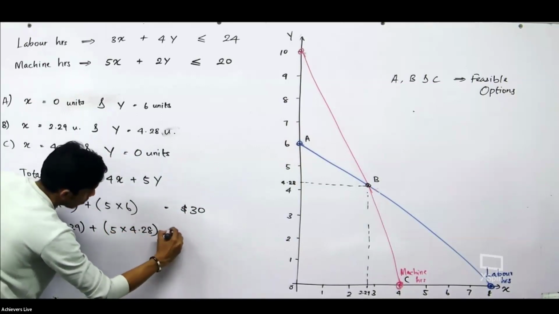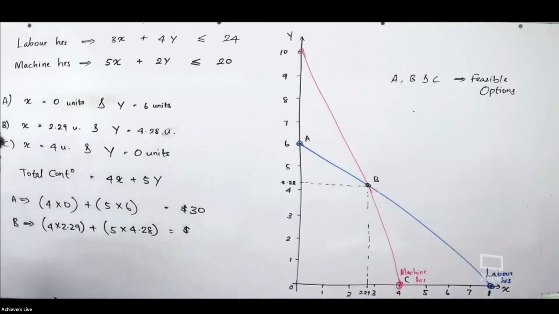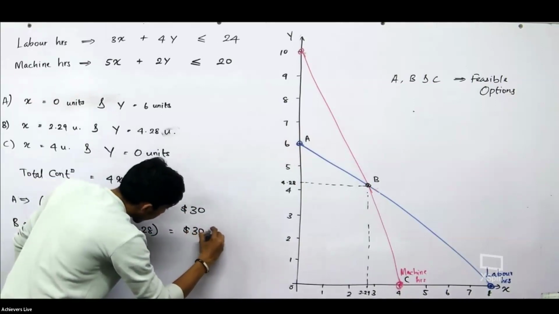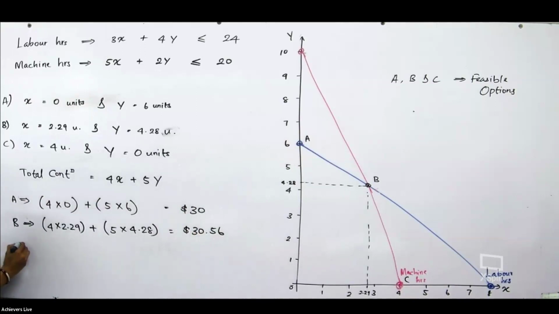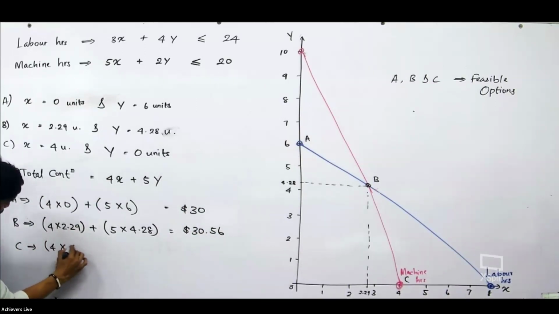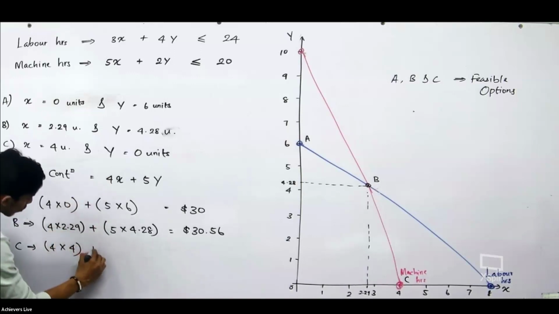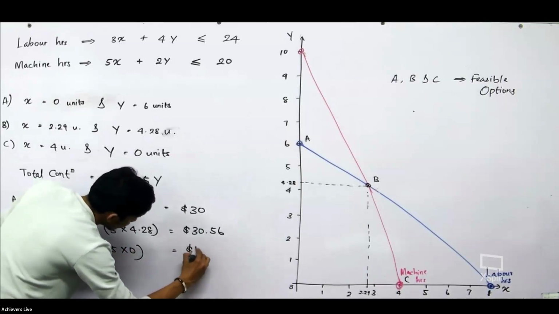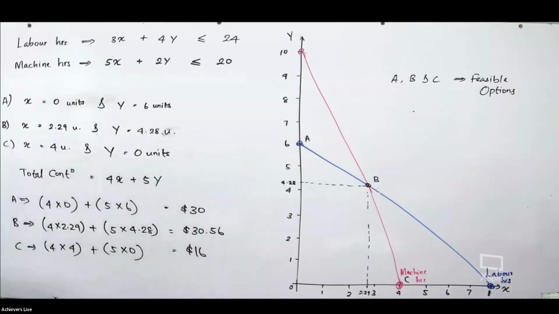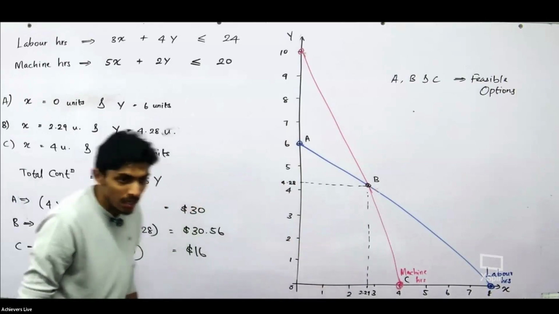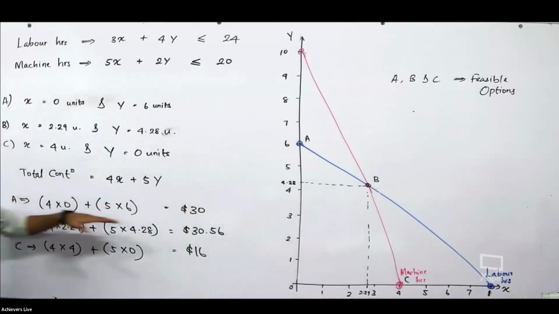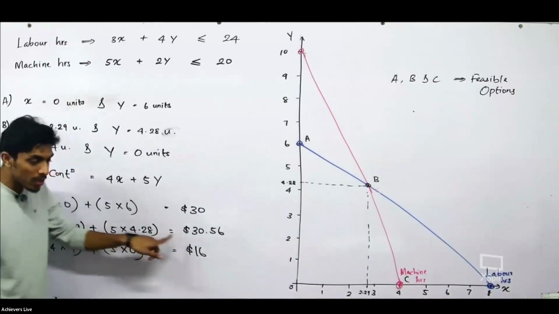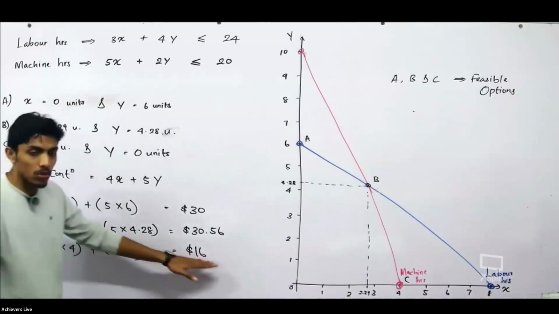Correct? How much? 30.56. If you go for option C, 4 into 4 units of X and 0 units of Y, 5 into 0, how much? $16. So you have 3 options to do the production. If you go for option A, your contribution will be 30. If you go for option B, your contribution will be 30.56. If you go for option C, your contribution will be 16.